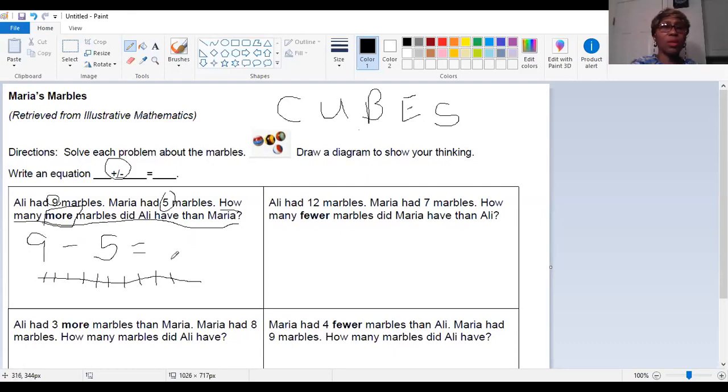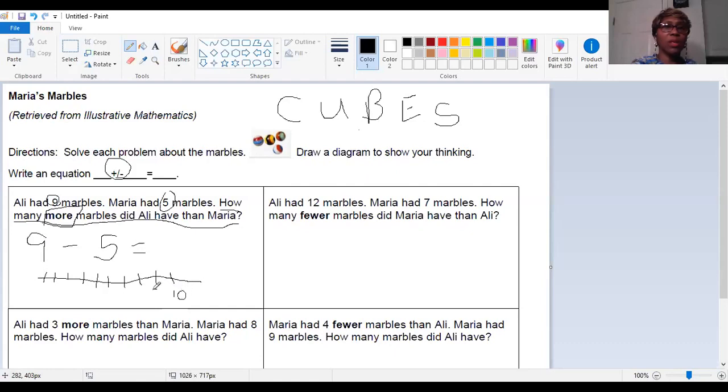So we know that this is 10. So we know that this is 9, right? And I think I should number it down here. I don't want to get all those numbers mixed up.